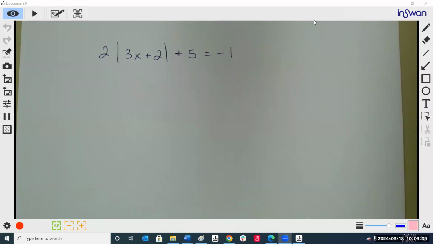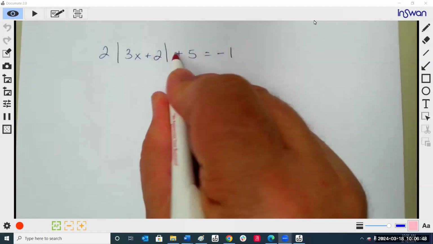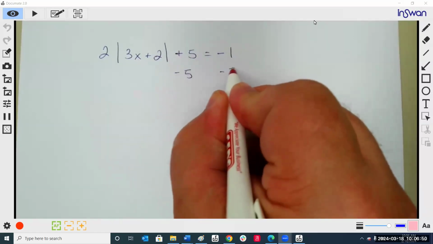What's your first step? What did y'all do first? Get rid of the 5, right? Get rid of anything plus or minus. Since it's a plus, I subtract 5 from both sides.